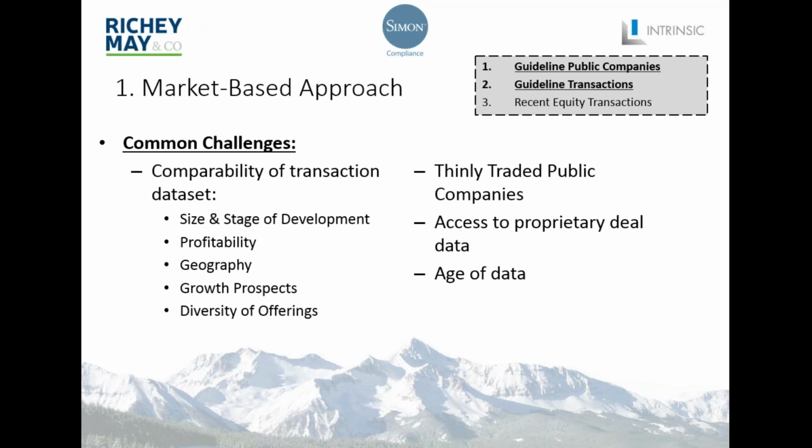And within each of those two approaches, there are three methodologies that we think about under getting to total equity value. That really comes down to the market, income, and cost approaches. And then we'll talk about our three approaches under the allocation of that equity value in a moment.